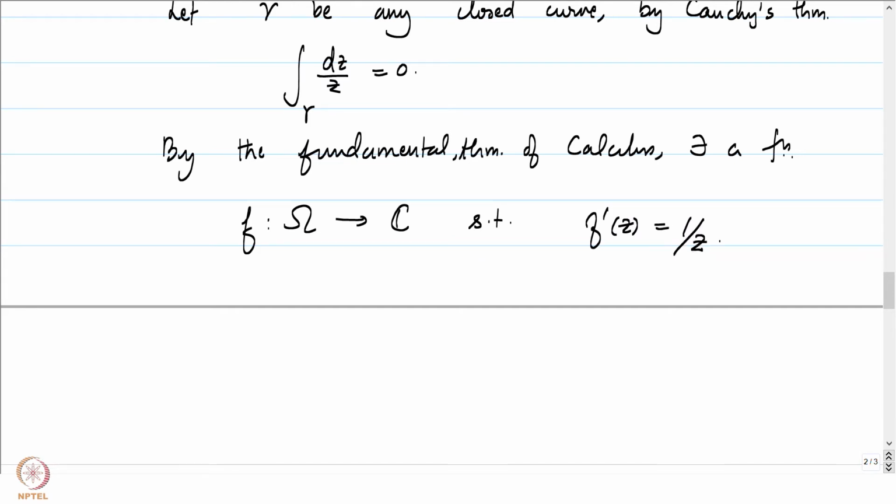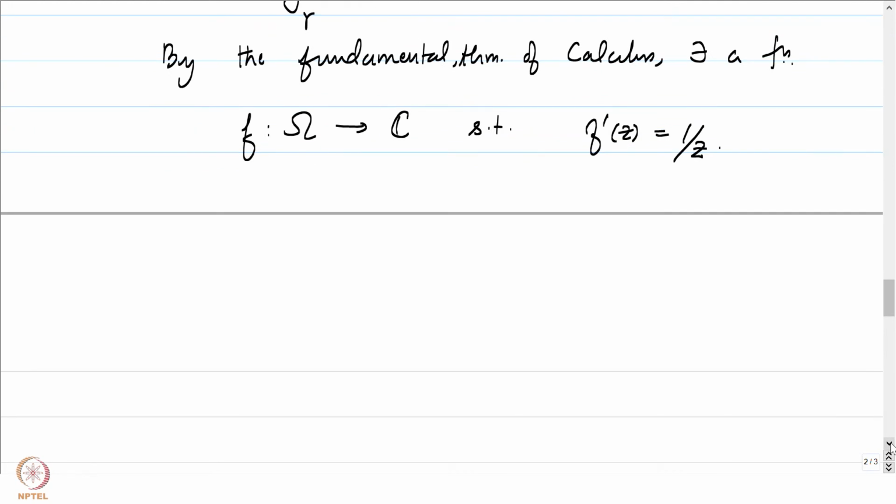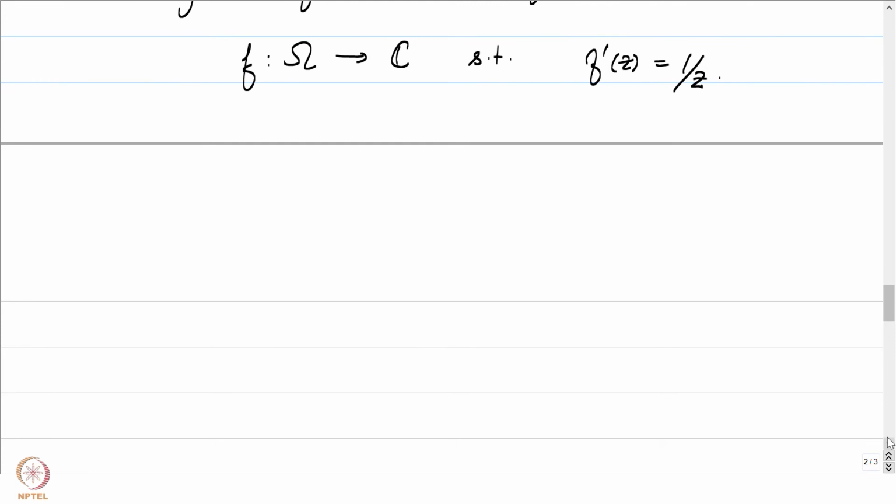This can always be arranged because the function 1 by z is conservative in the simply connected domain omega. So, we do have an antiderivative of 1 by z by the second fundamental theorem of calculus.